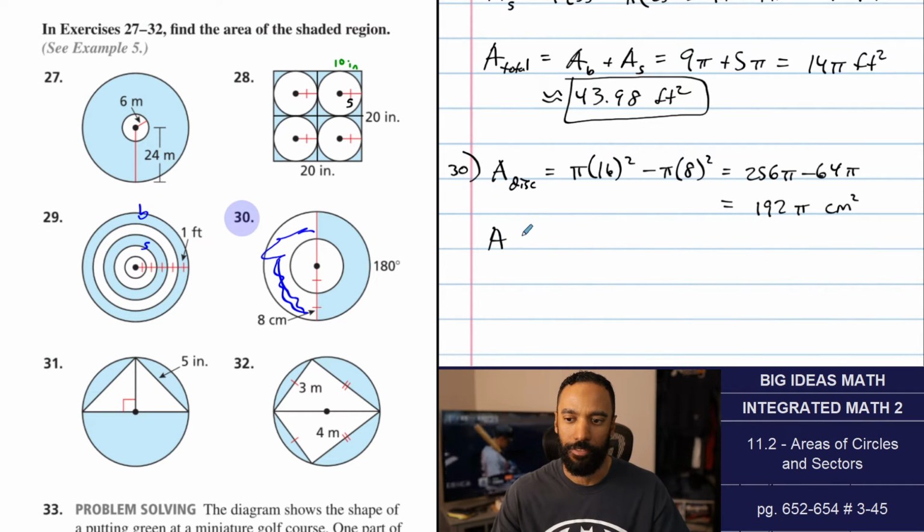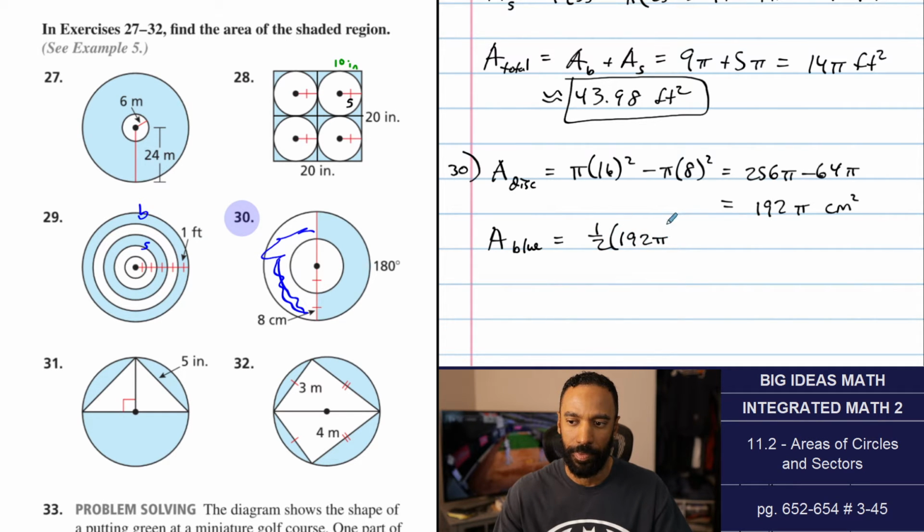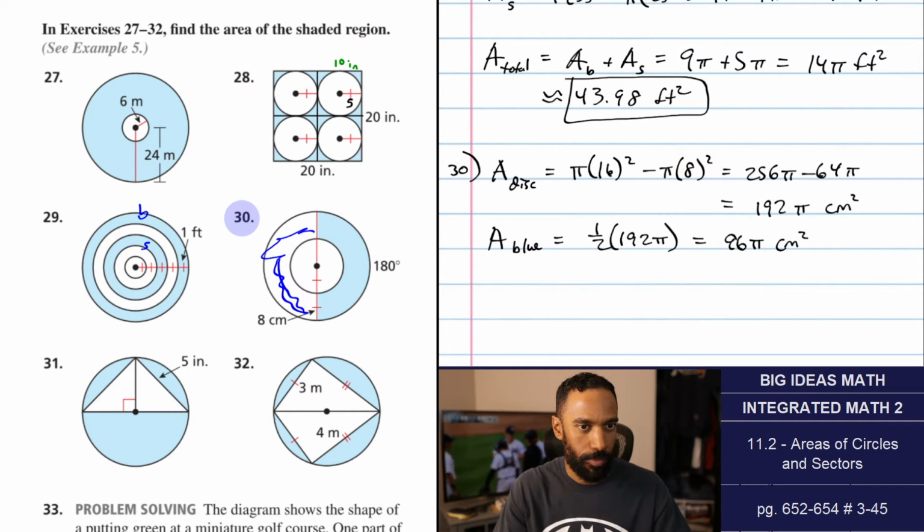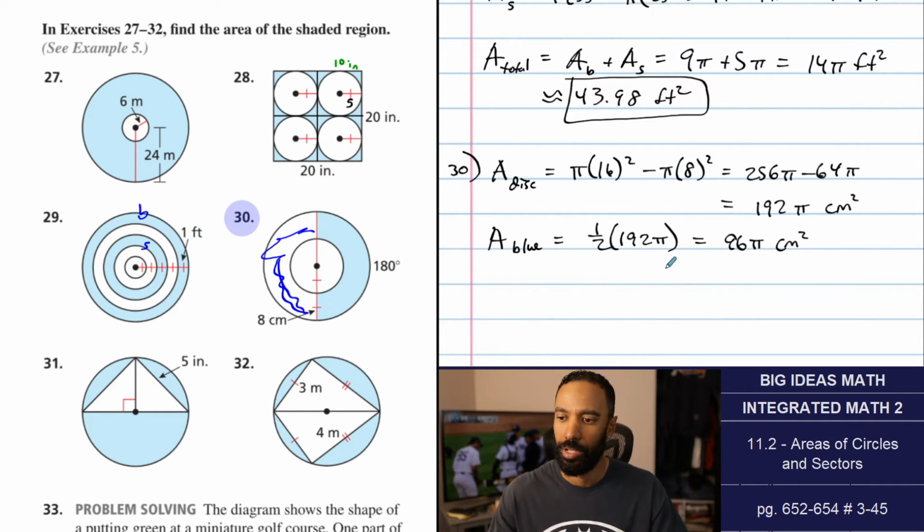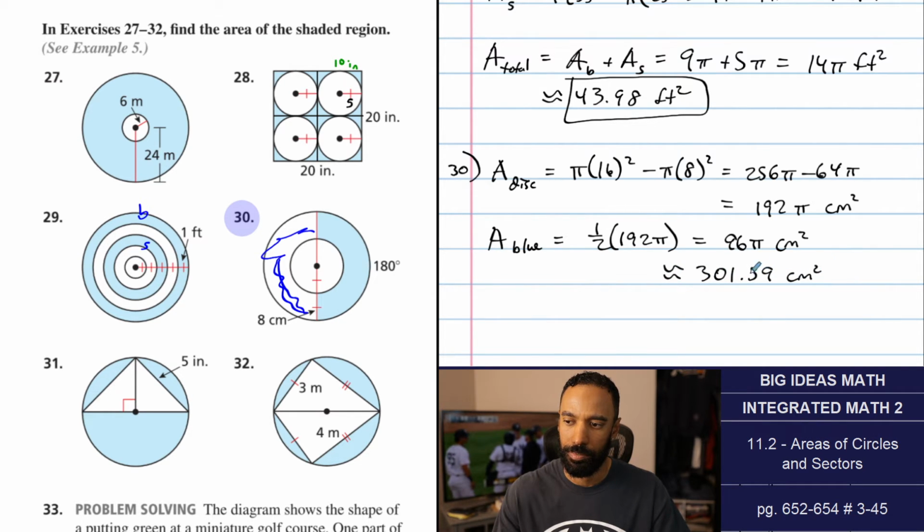The area now of the blue itself, the shaded, will just be half of that. Half of 192 pi, which is 96 pi square centimeters. So that, rounded to the nearest tenth, is 301.592, 301.59 square centimeters.